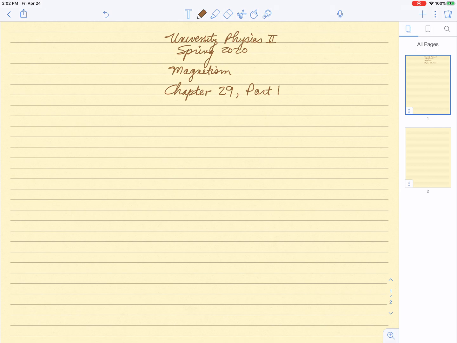So there's one general principle here, right? And that is that moving charge generates a magnetic field.